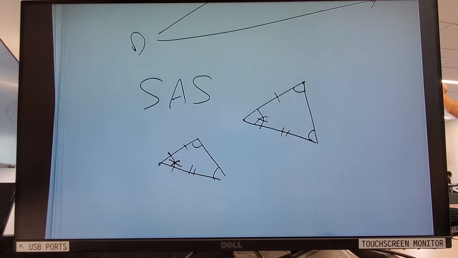But if I avoid that angle, then it could lead to 2 triangles that are not congruent, even though they have all this stuff that's the same. So one way to look at this is just know what leads to definite congruence and avoid it like the plague.